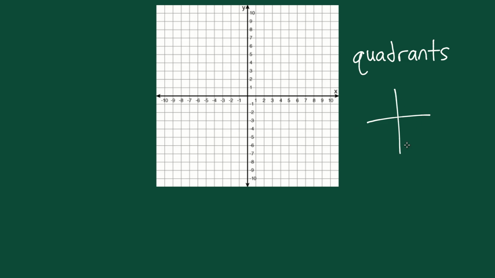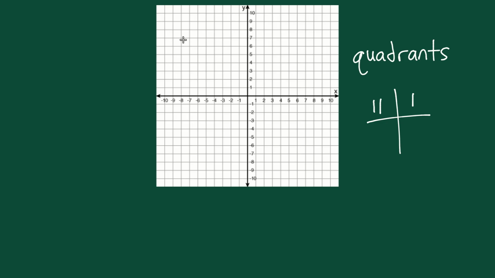So here's a coordinate plane. This is quadrant 1 right here. In quadrant 1, the x's are positive and the y's are positive. So positive, positive, that's quadrant 1. And then we move counterclockwise. Right here is quadrant 2.